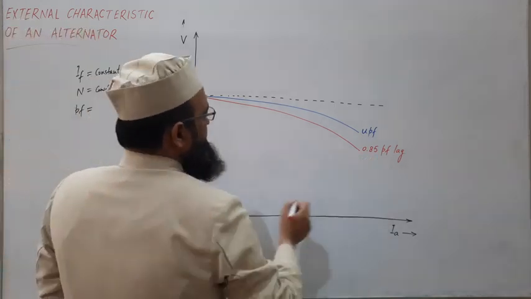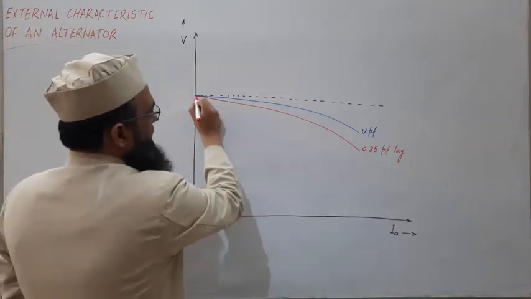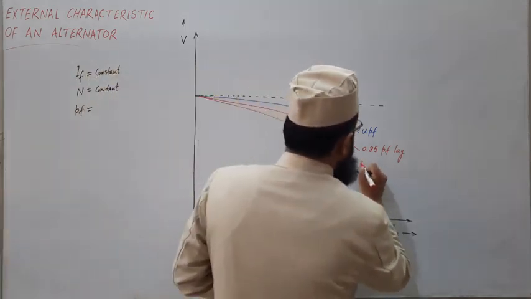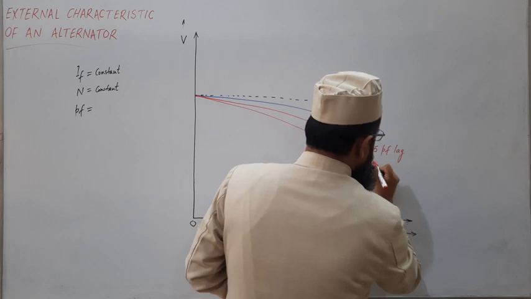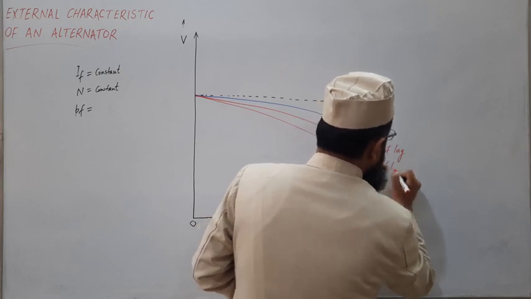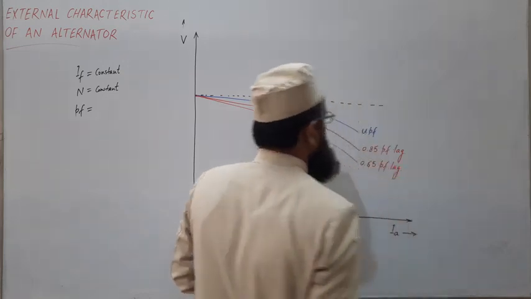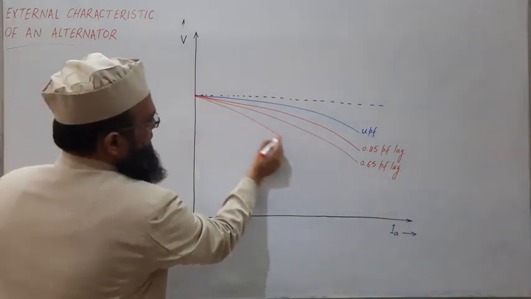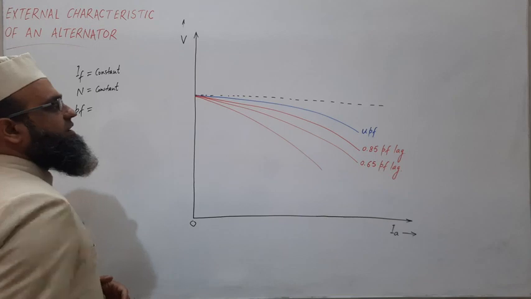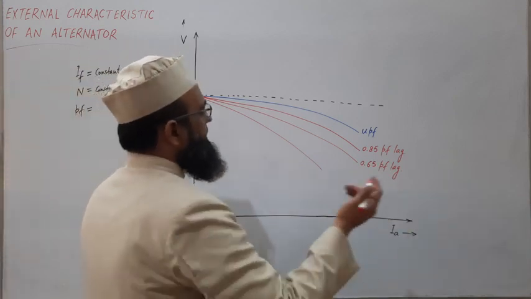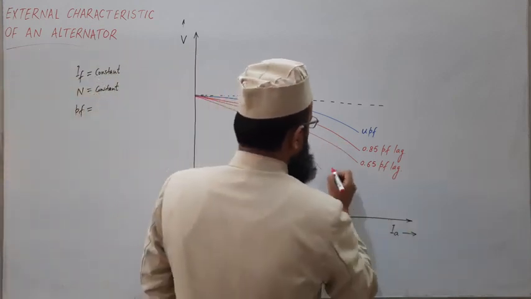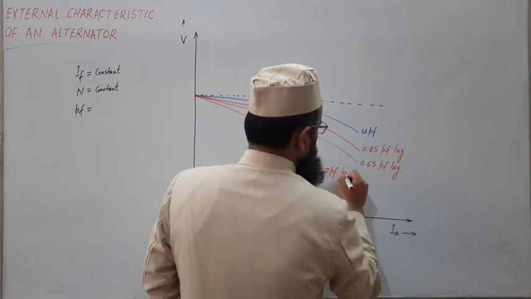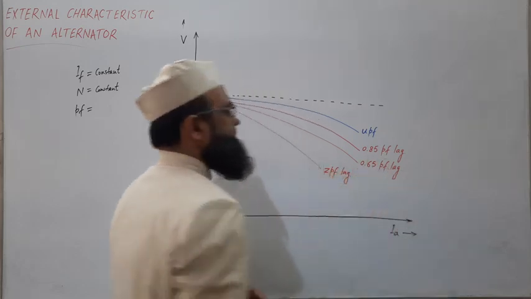For further lower power factor lagging, it will be down. Let us say 0.65 power factor lagging. For zero power factor lagging, it will be still down than these curves. So we may write zero power factor lagging.